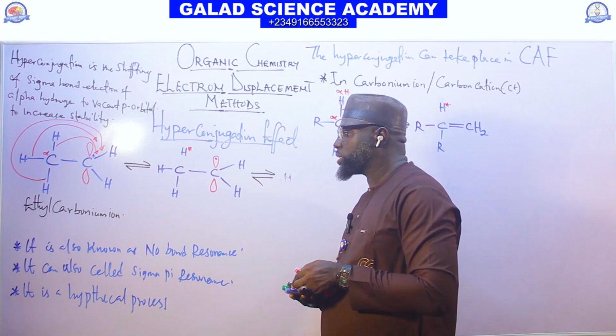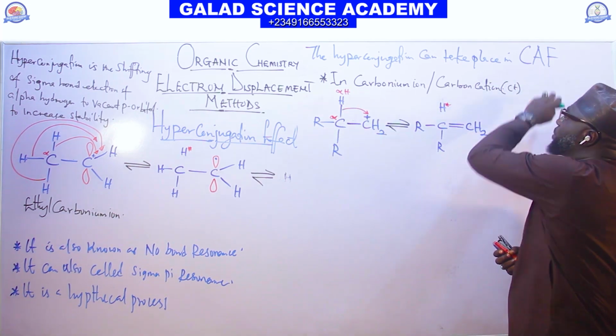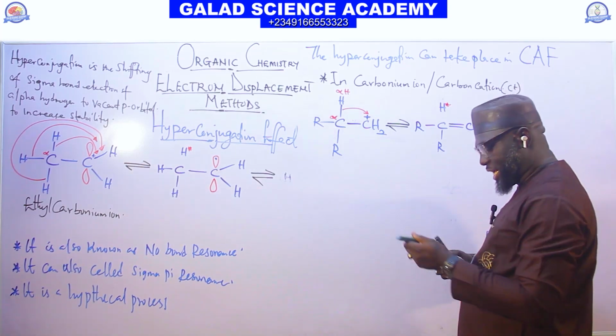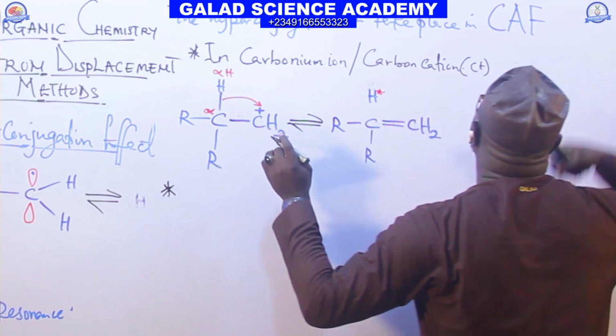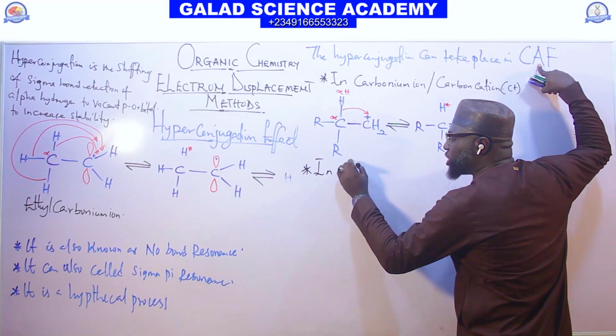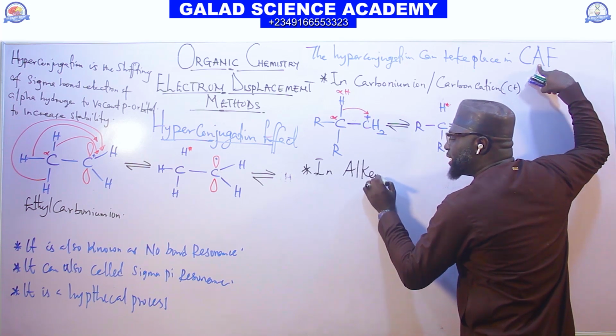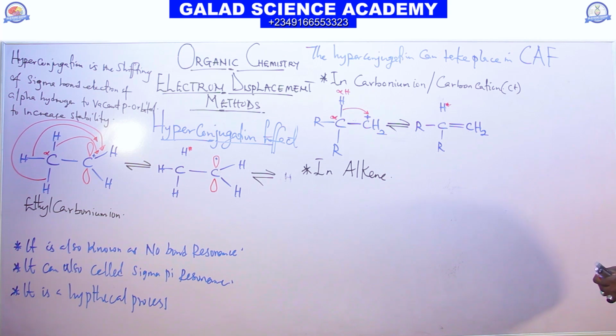The next one is hyperconjugation in alkene. CAF A, where A stands for alkene. So the hyperconjugation takes place in alkene.